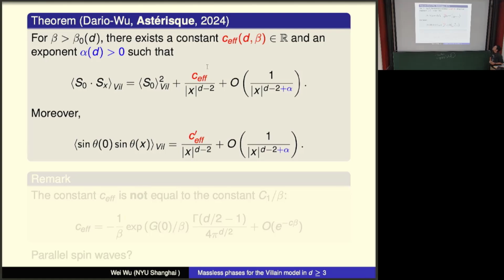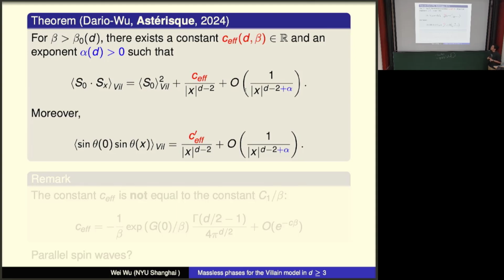In the paper with Paul, which finally appeared last year, we studied the truncated two-point function for the Villain model, in dimension at least 3 at low temperature, and we give a very quantitative description of it, namely as it is conjectured that there is an effective constant divided by x to the d minus 2 plus a lower order term, which we have some control of.